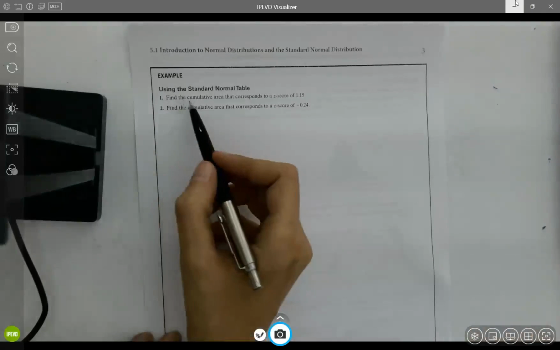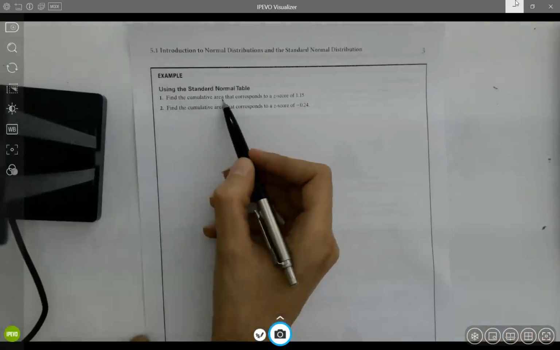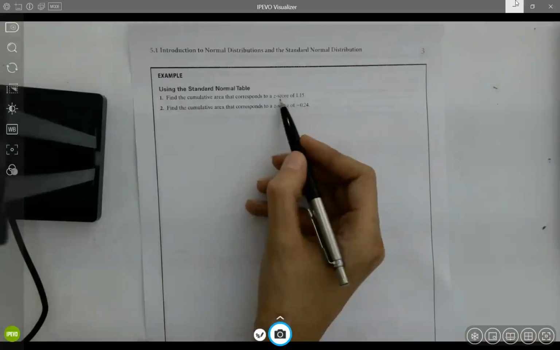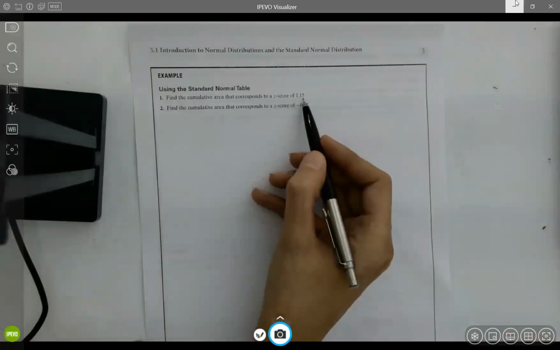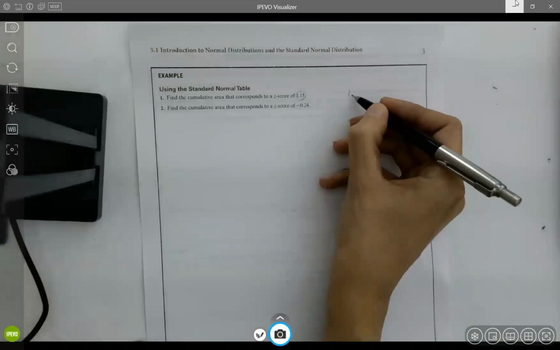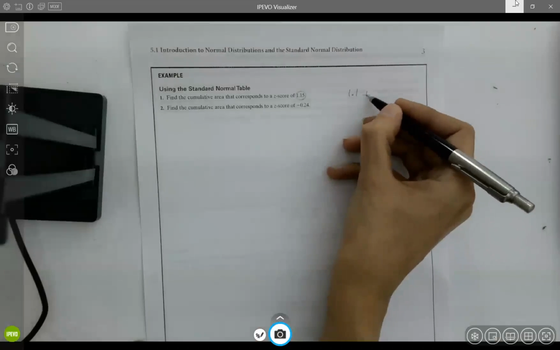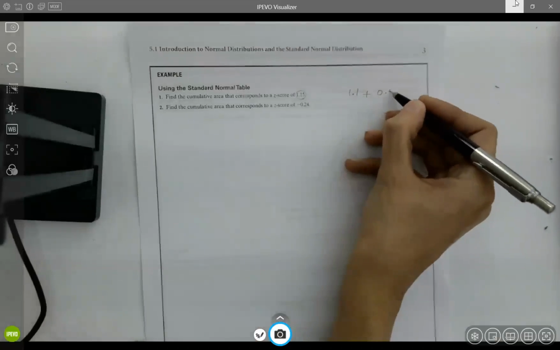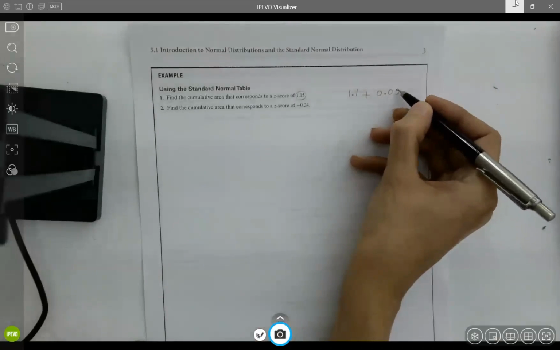The example says, find the cumulative area that corresponds to a z-score of 1.15. So first of all, you have a decimal number, 1.1 plus 0.05.